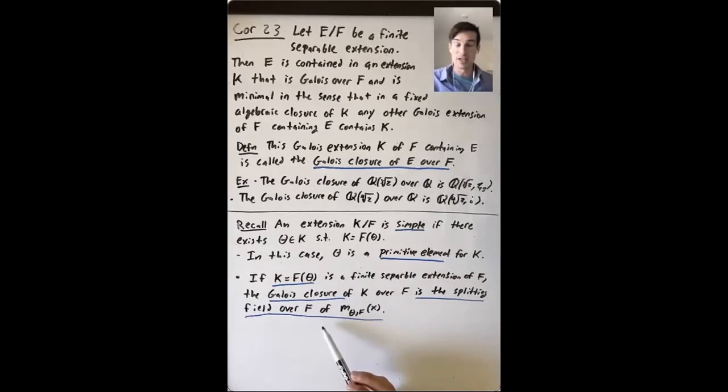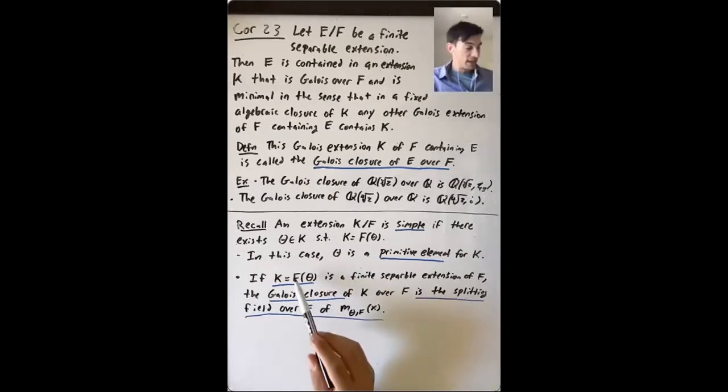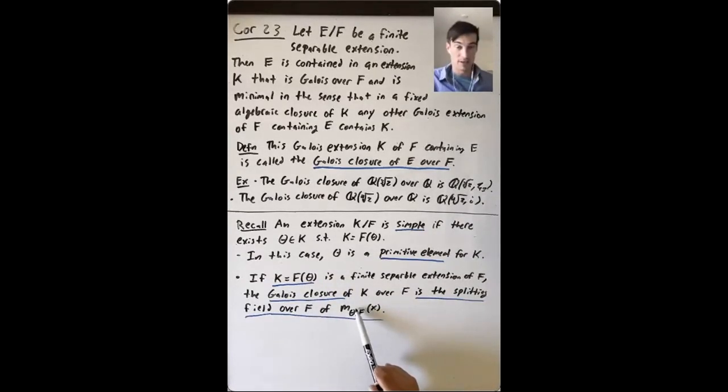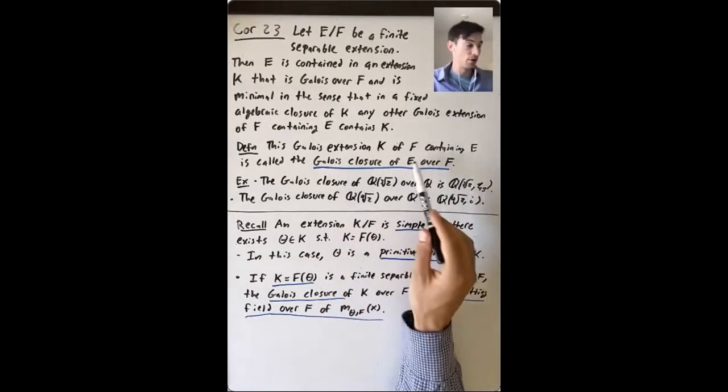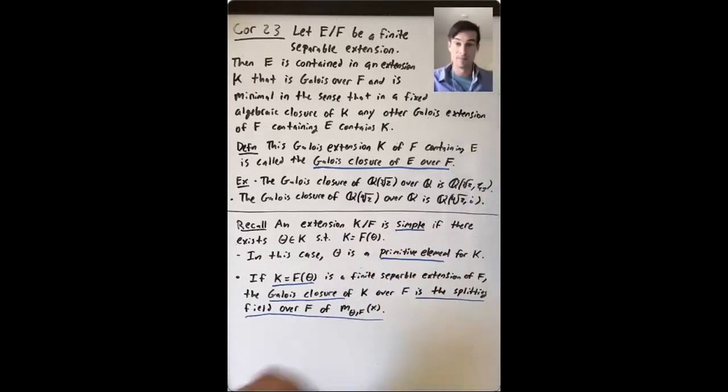In a Galois extension, if an irreducible polynomial in F[x] has one root in K, then all of its roots have to be in K. So certainly any Galois extension of F containing F(theta) has to contain all of the roots of this minimal polynomial, so it has to contain the splitting field of this minimal polynomial. But the splitting field itself is a Galois extension of F containing F(theta). So it is the Galois closure of F(theta) over F.